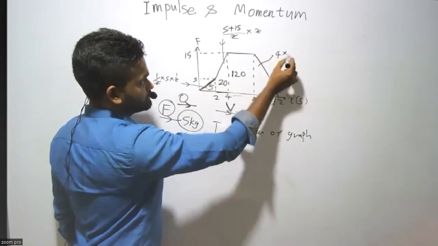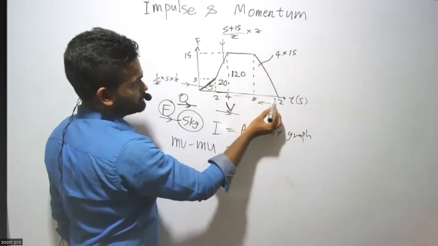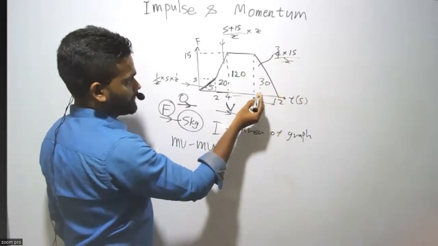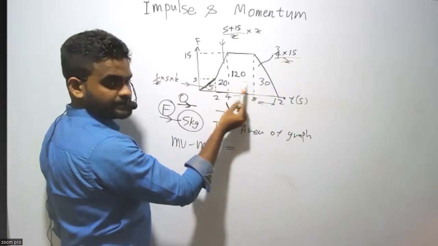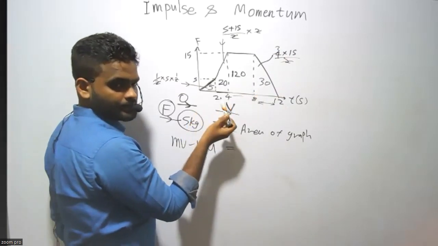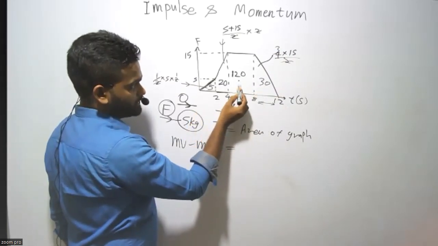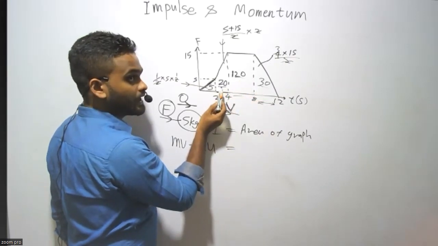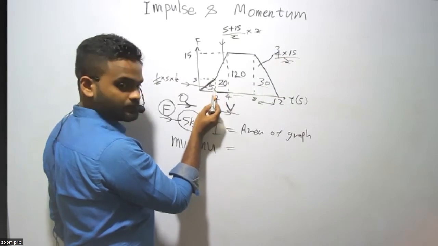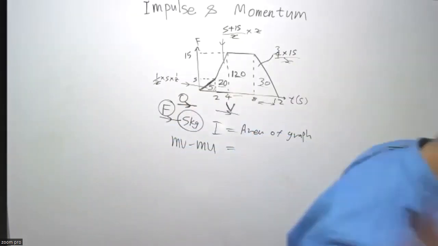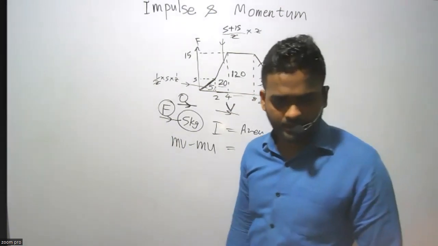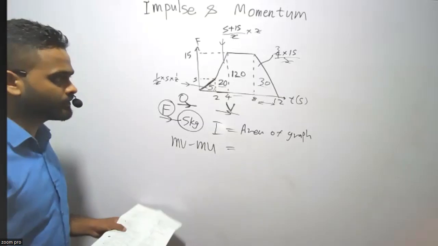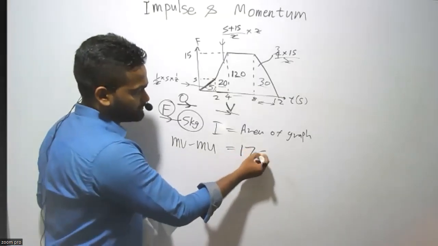This is 4, this is 15, divided by 2. So 30. Then just add all these. 120, 30, 150, plus 20, 170, plus 5, 175, right? If there's a mistake, tell me. So the area of the graph is 175. That is what I got.